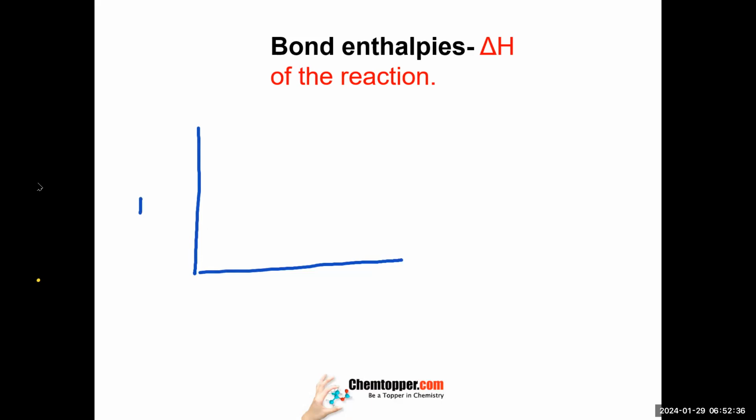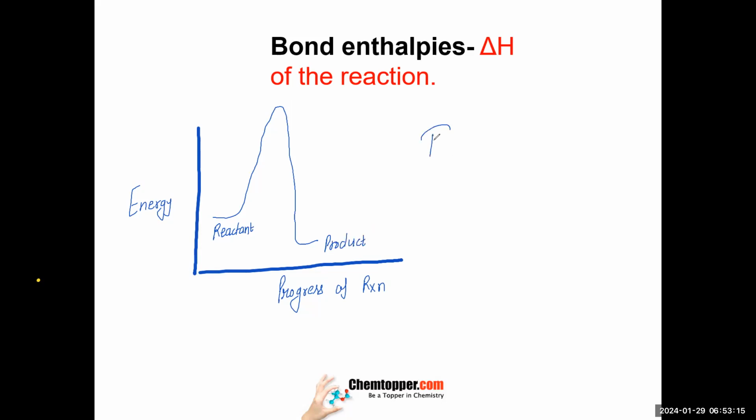Here is the energy, and on this side, progress of reaction. Rxn means reaction. And this is the energy profile. Is this reaction exothermic or endothermic? It is exothermic.